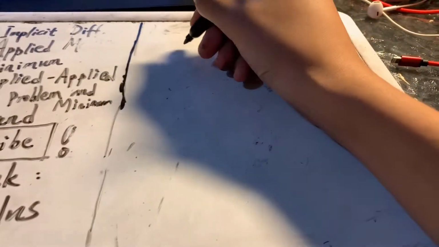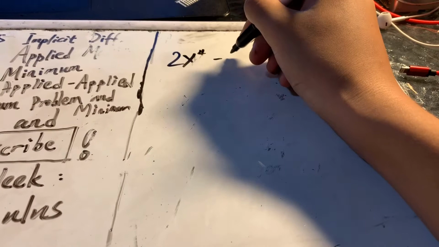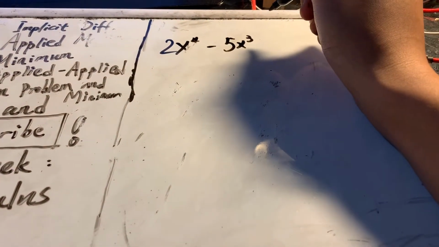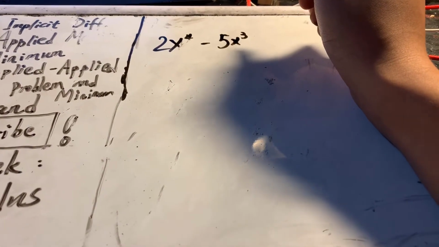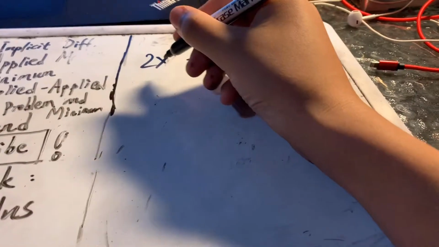Let's see. Given a function, 2x to the power of 4 divided by 5x to the power of 3, you're able to find where it increases and where it decreases.